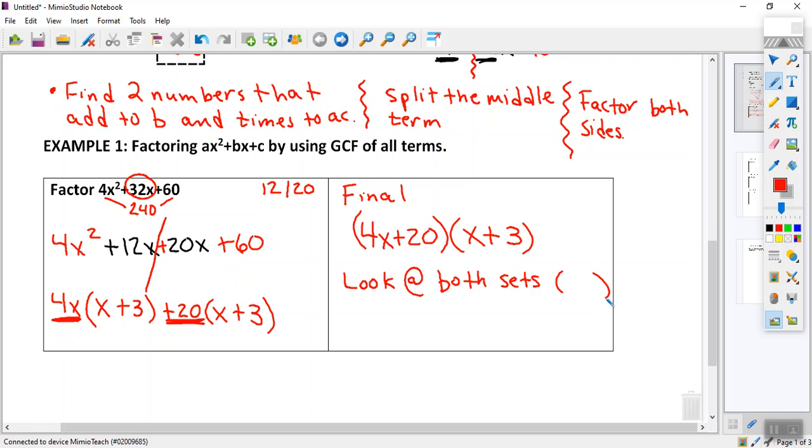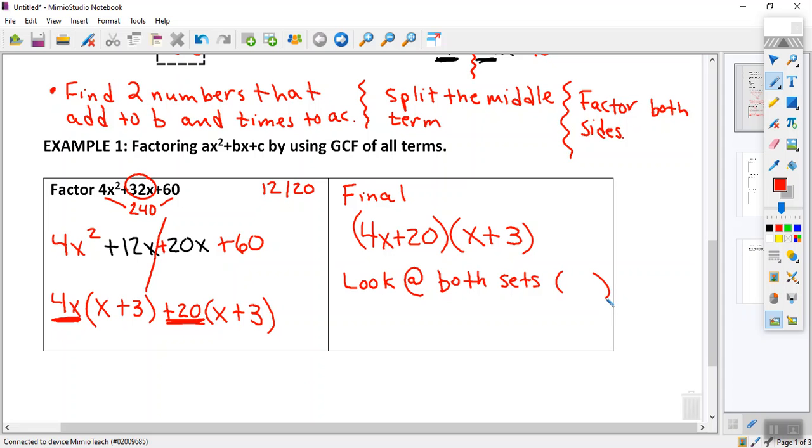Is there anything you could factor out of 4x and 20? What value would come out of 4x and 20, kids? Close. Can I take a 4 out of both of these? I could, couldn't I? So I could factor this first part. Can x plus 3 be broken down any further? No.